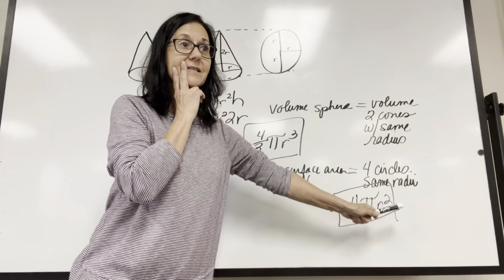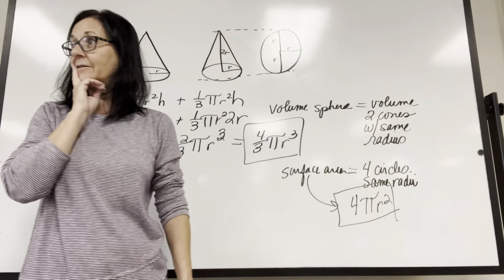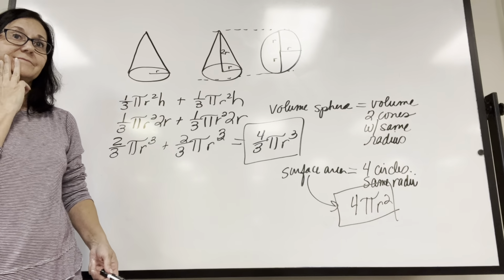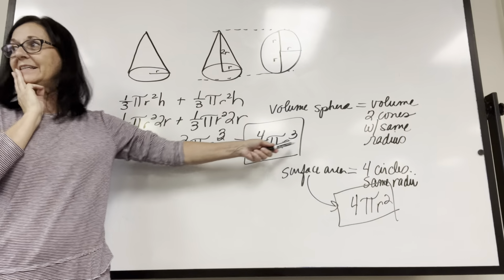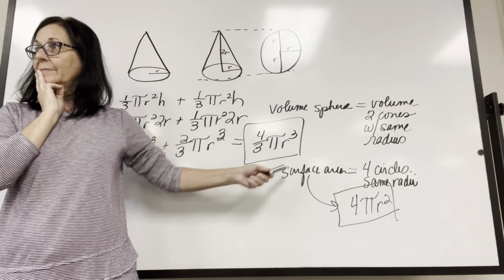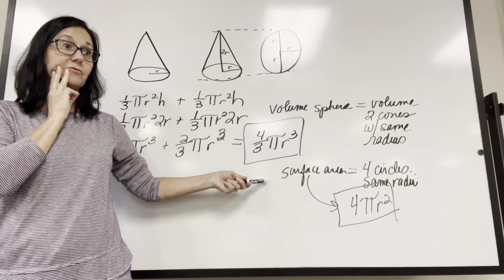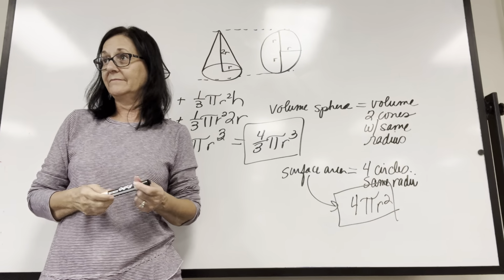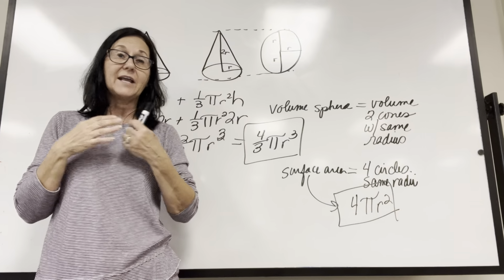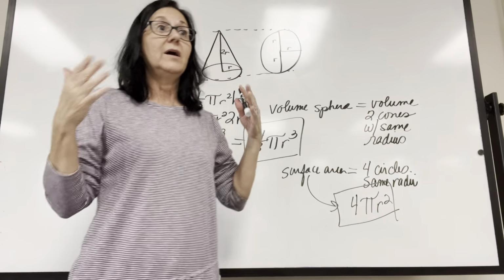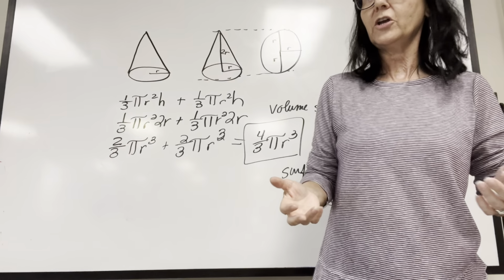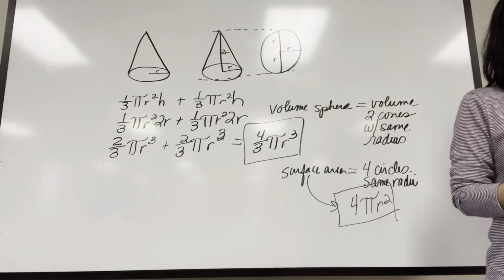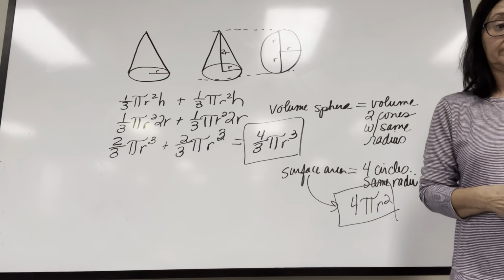So your R is squared. Volume is how many dimensions? 3. But you have 2 3s here. So the cube one, you have 2 3s. I don't know if that'll help you memorize it, but that's what helps me. I know how many dimensions, and I know that volume is 4/3 pi r cubed. I know surface area is 2 dimensions, so the surface area is 4 pi r squared.